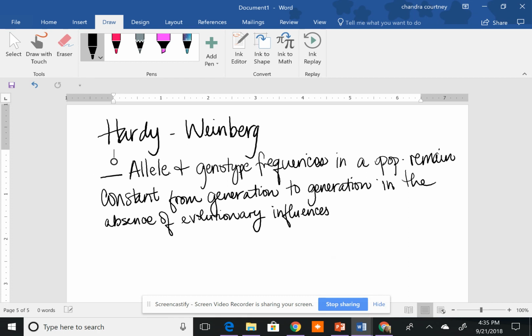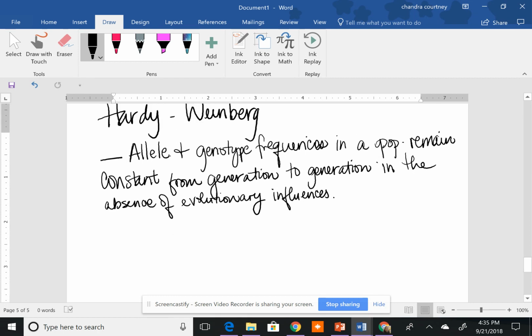Okay, so this is what the principle states. So, what possible evolutionary influences would change this? Well, there are 5 conditions or 5 principles.